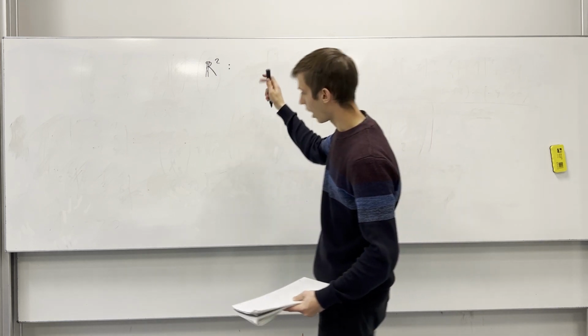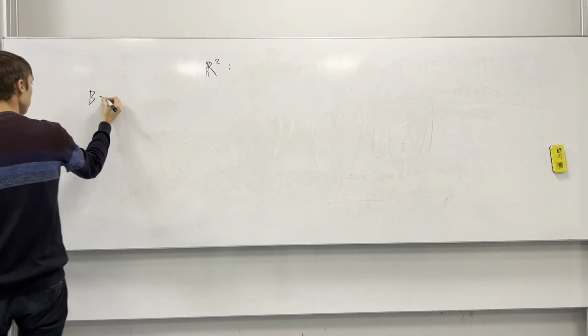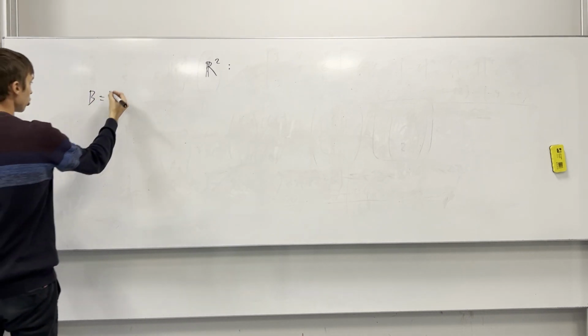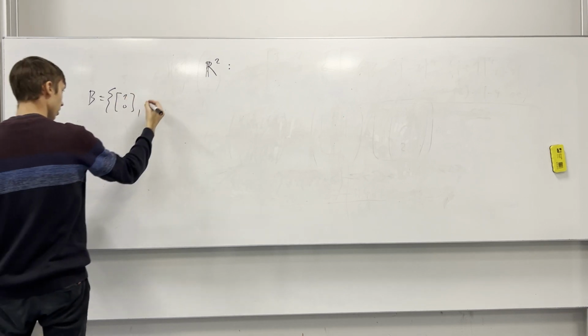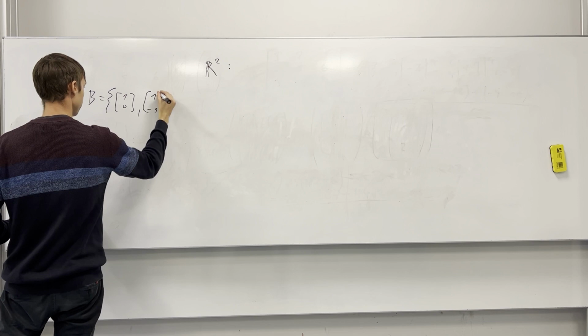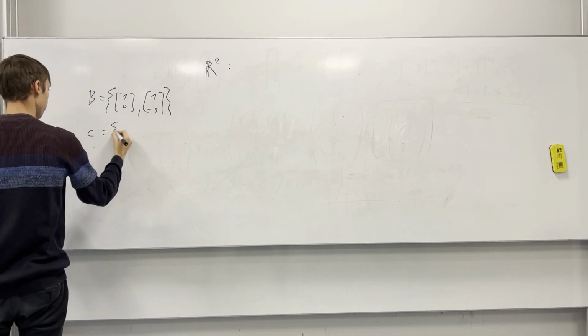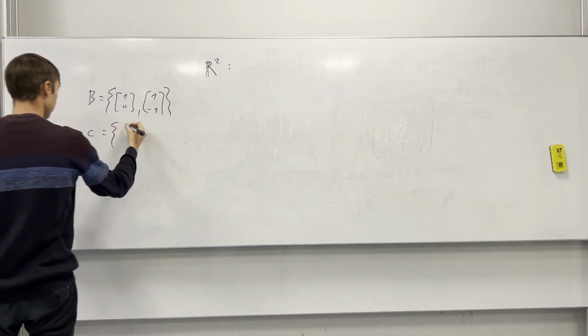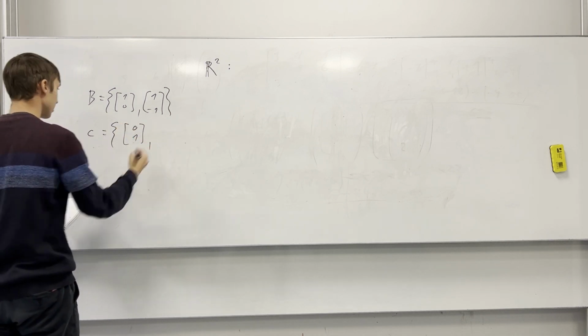So let's consider this case. Let's say we have R2 and two bases, namely B, which contains the vector (1, 0) and the vector (1, -1). Then we have another basis C, which is also linearly independent but has slightly different vectors.